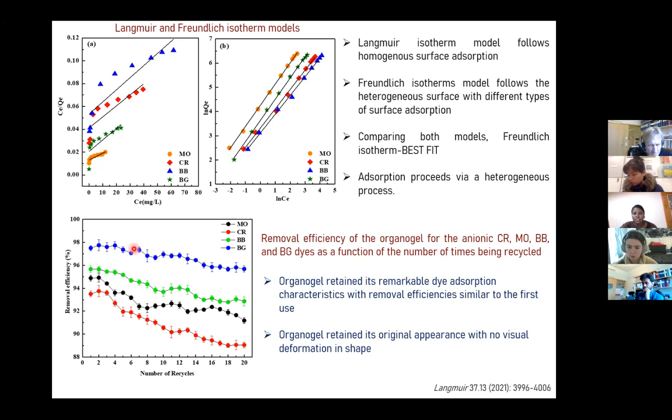This procedure was repeated for almost 20 cycles, and we could see that it was still holding above 90%. And we could not see any visual deformation or swelling or cracking in the gel during these 20 cycles.